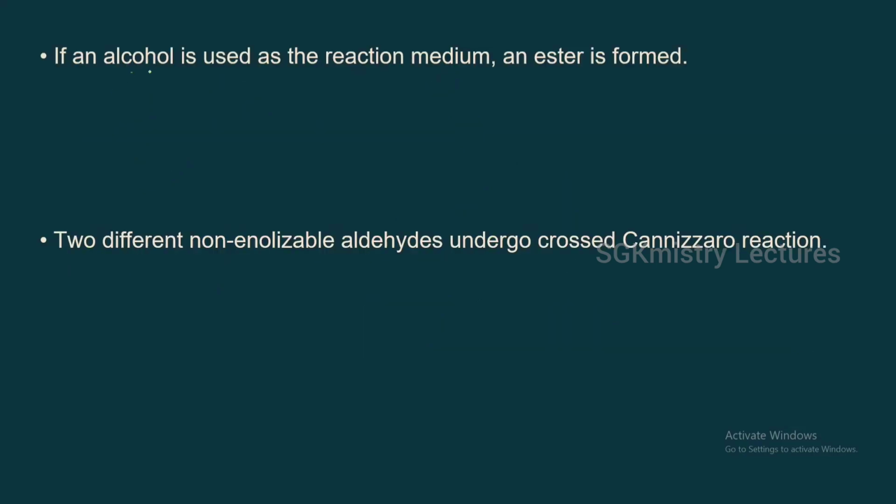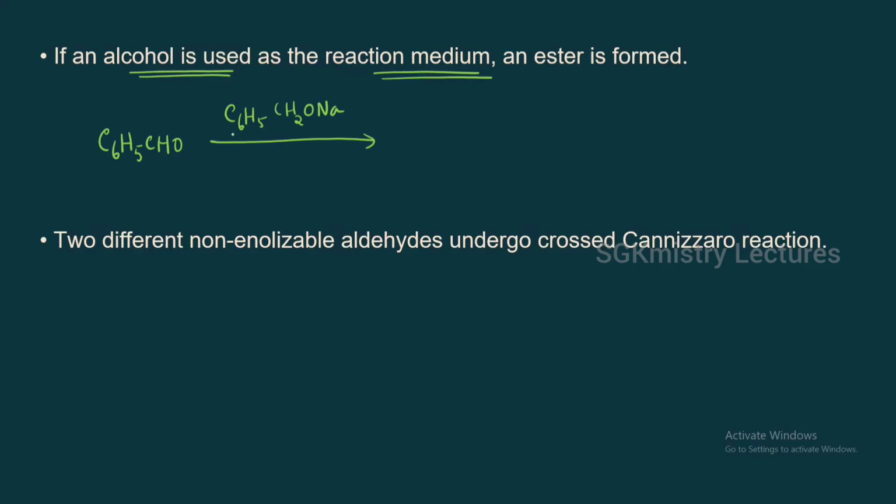So now, suppose the alcohol is used as a reaction medium, or in other words, if an alkoxide is used in the Cannizzaro reaction, then we get an ester as the product. So let us write the reaction. So C6H5CHO, benzaldehyde, in the presence of C6H5CH2ONa.